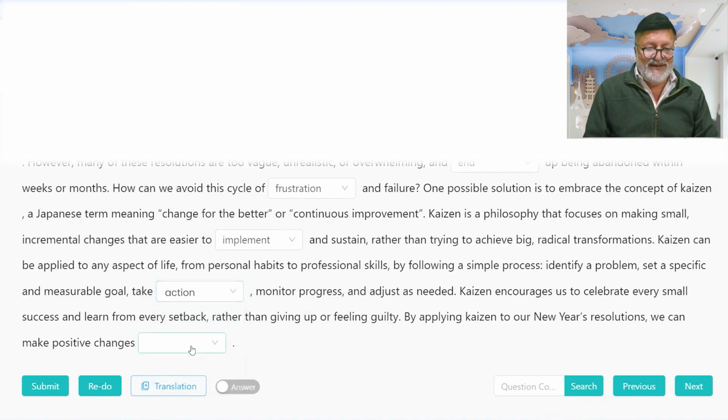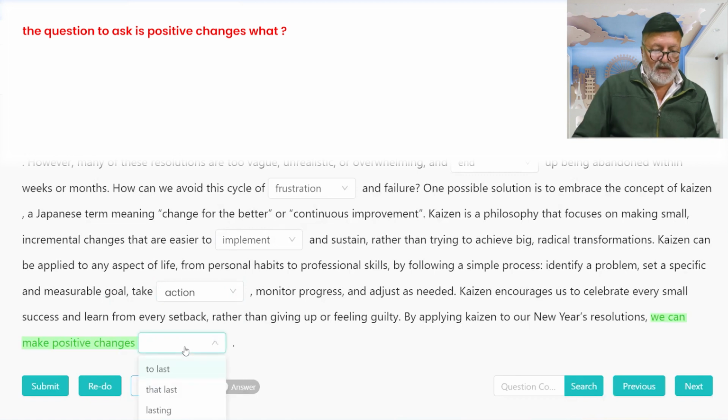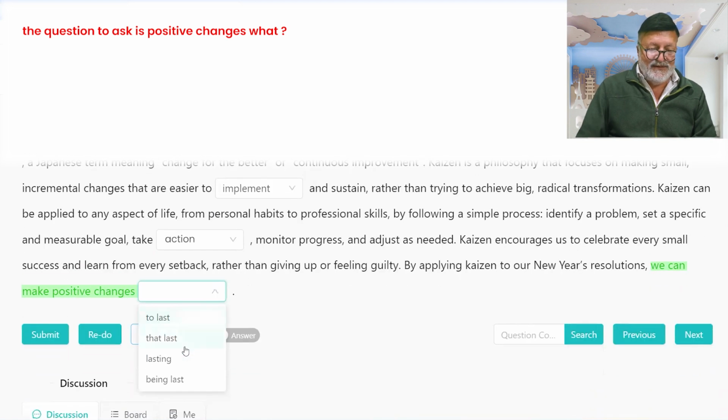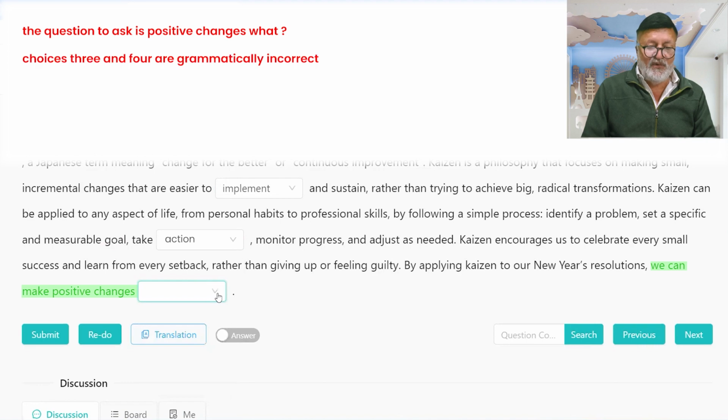For the last blank, let us start from "we can make positive changes dash." The question to ask is, positive changes what? The choices are to last, that last, lasting, and being last. Choices 3 and 4 are grammatically incorrect.